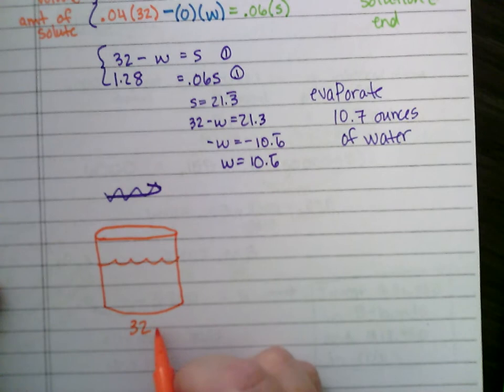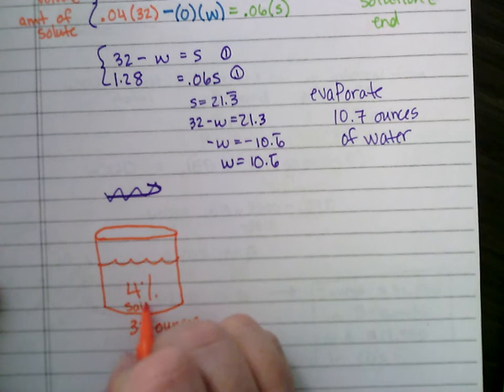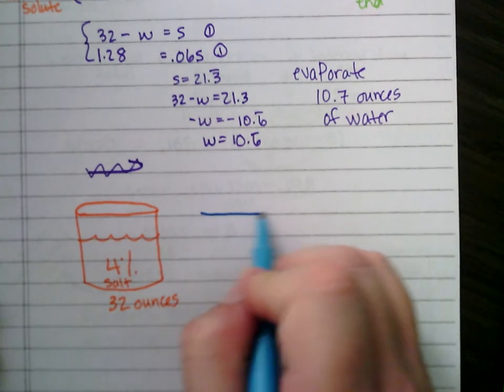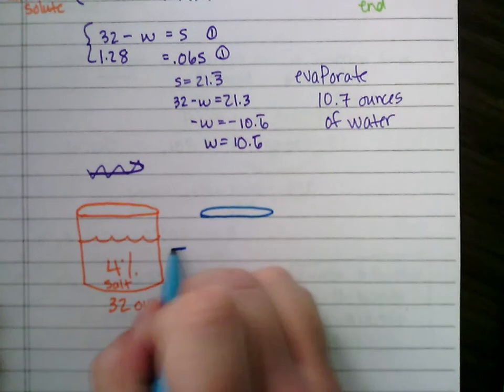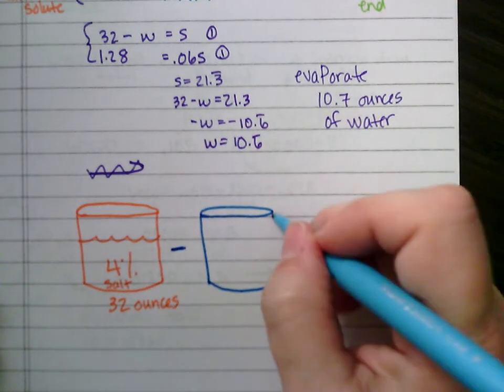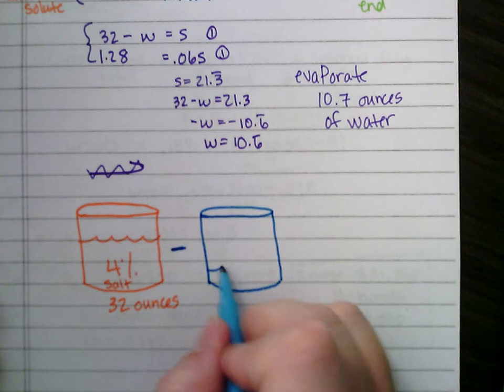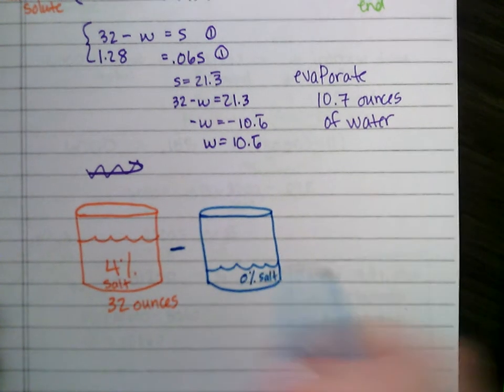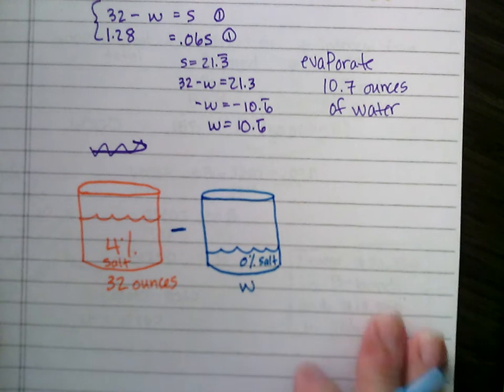So 32 ounces, and it's 4% salt. And I'm evaporating some amount of water. So I've got my other beaker that I'm going to let evaporate, so I'm subtracting a certain amount of water that is 0% salt. And I don't know how much water, so I'll use W.